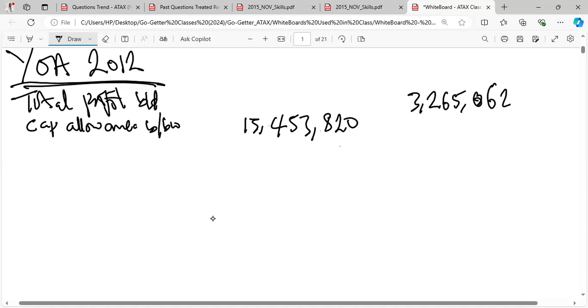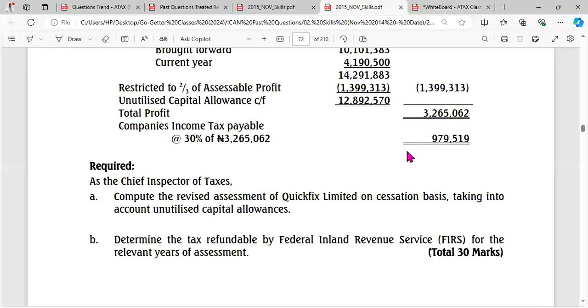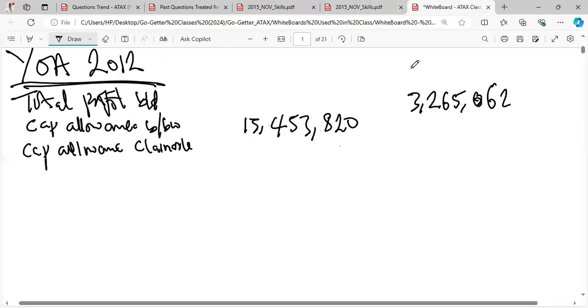Look at it now. Capital allowance claimable is going to be, look at the tax that you paid. You're supposed to be refunded this tax, isn't it? 979,519.